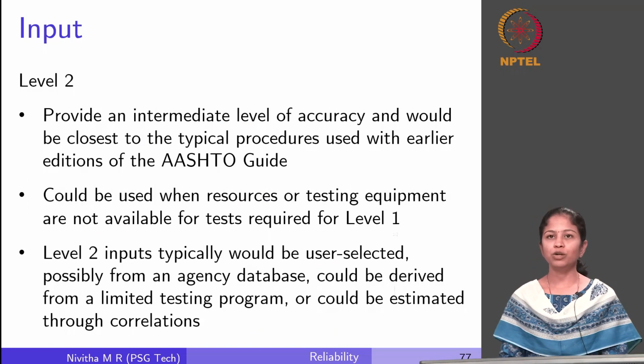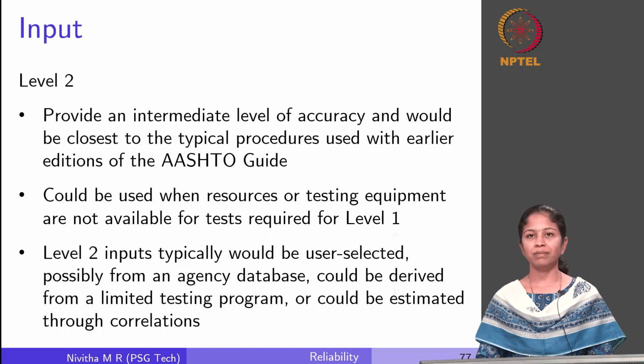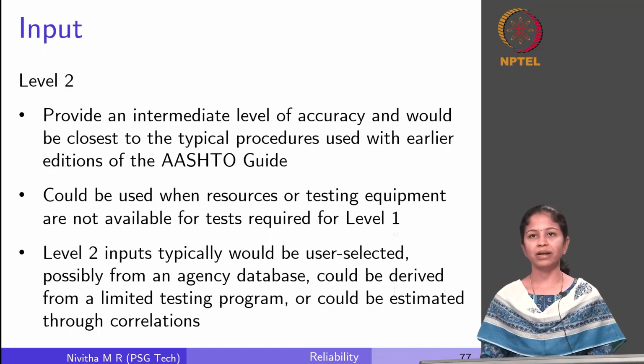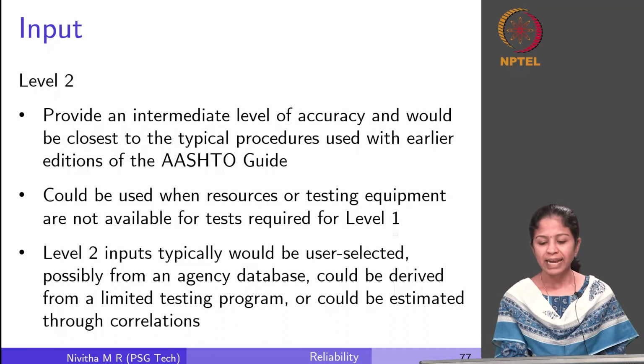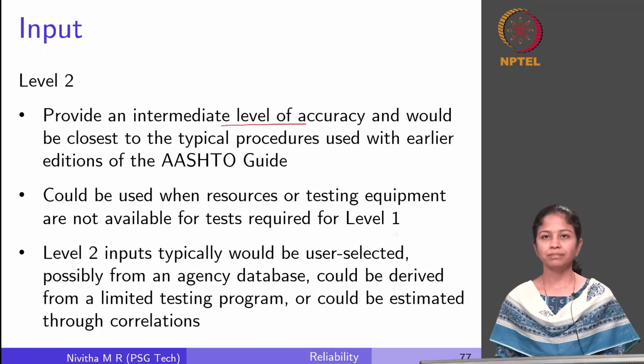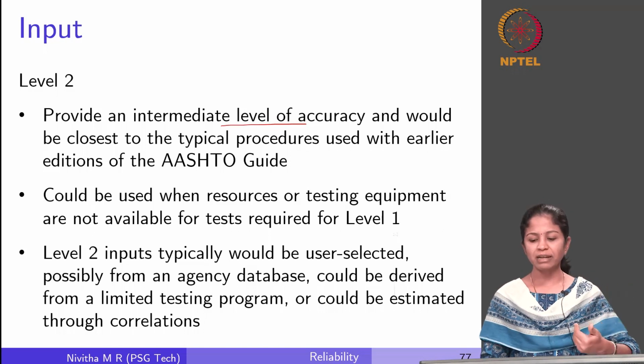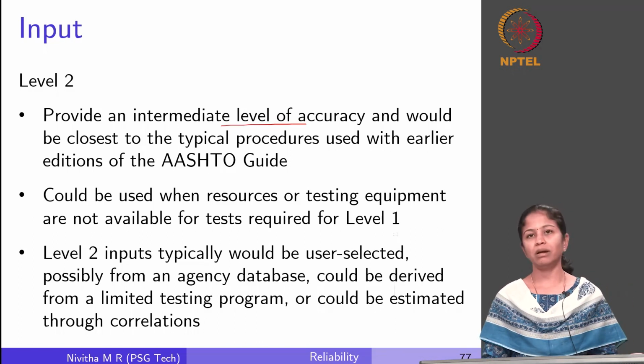Then there is a level 2, which is a slightly less accurate level of input, and it is less certain compared to level 1 kind of input. So it provides an intermediate level of accuracy, right, and it would be the closest to the typical procedures which are used in previous editions.